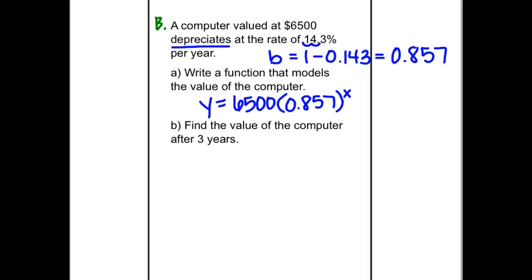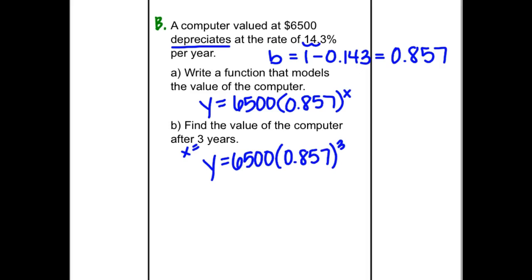Part B says now we want to find the value of the computer after 3 years. And if you were thinking about it, yep, you guessed it. 3 is our x. So now we're going to write out y equals 6,500 times 0.857 to the 3rd power.